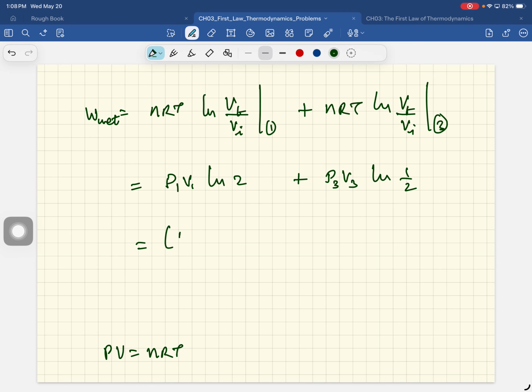So we have to find the work done. Change in internal energy is Q minus W.